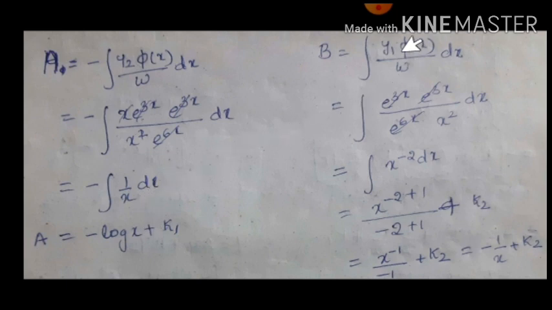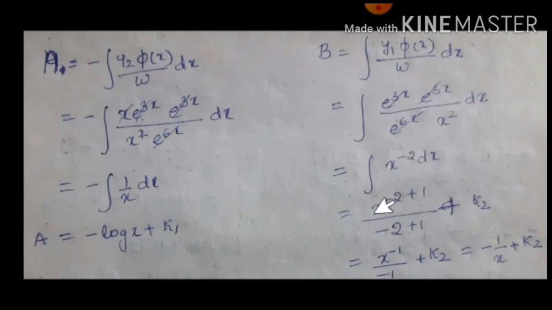And here B is the integral of y1 phi of x by W. Write y1 phi of x, e to the power of 3x by x square, and W is e to the power of 6x. e to the power of 6x gets cancelled. 1 by x square, for convenience I have written it as x to the power of minus 2.